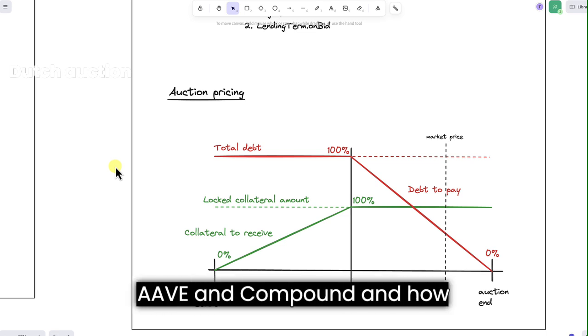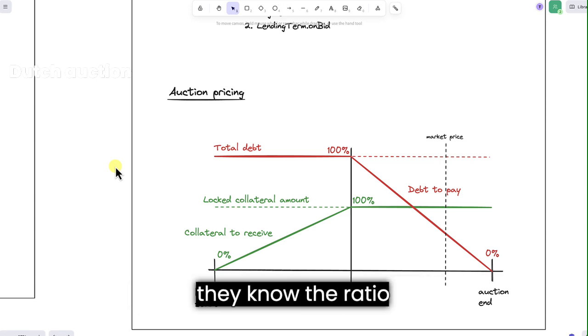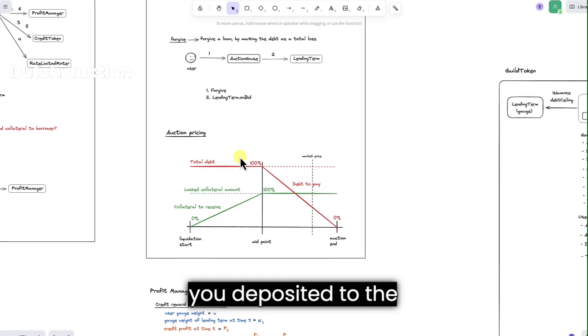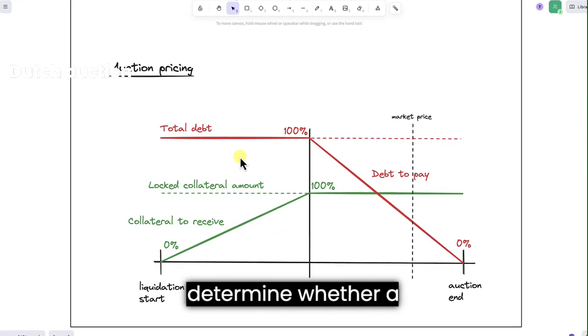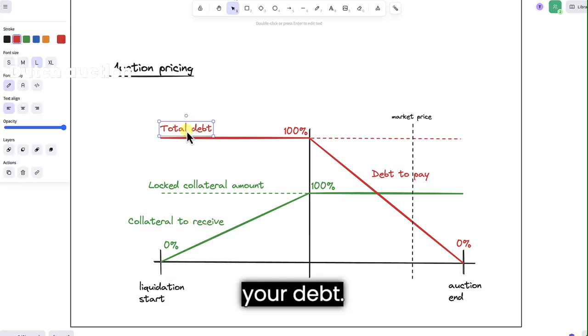That's how it works in Aave and Compound, and how they know the ratio between the assets is by using oracles. Here, they don't have oracles, so they don't know the ratio between the collateral token that you deposited and the credit token that you got. So the way they determine whether a position can be liquidated or not is by the last time that you repaid some of your debt.